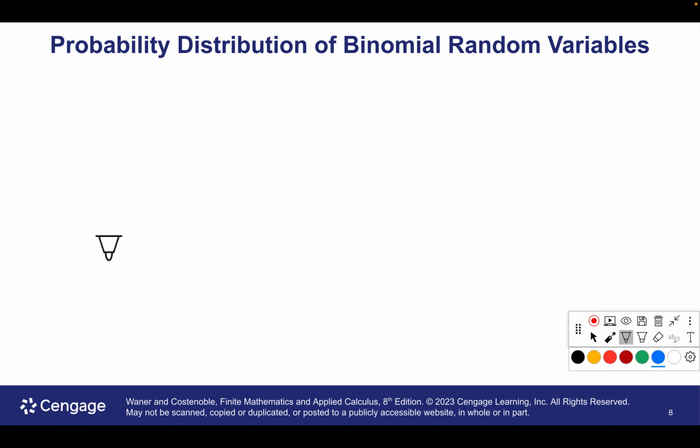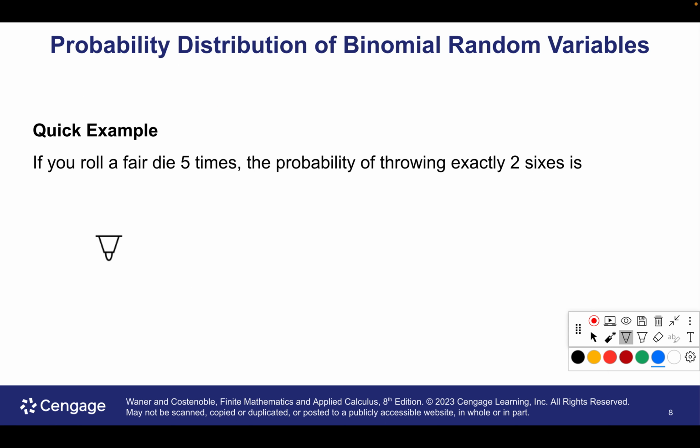So let's take a look at an example. If you roll a fair die 5 times, what's the probability of throwing exactly 2 6s? So it's kind of similar to what we did, but a little different, right? So how would we calculate that? First of all, what is the probability of a success? Success is you roll a 6.